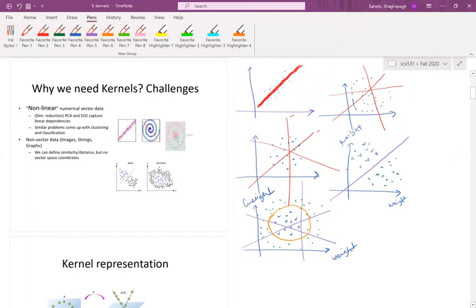So what do I mean by that? Suppose that our data is a set of strings, and I have two strings, so for example, I have a string that is coat, and then I have another string that is cat.